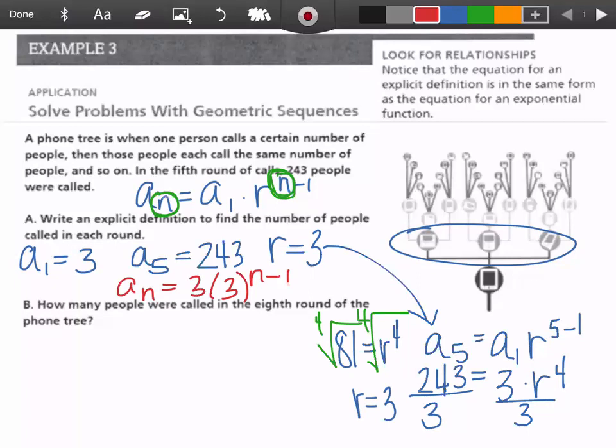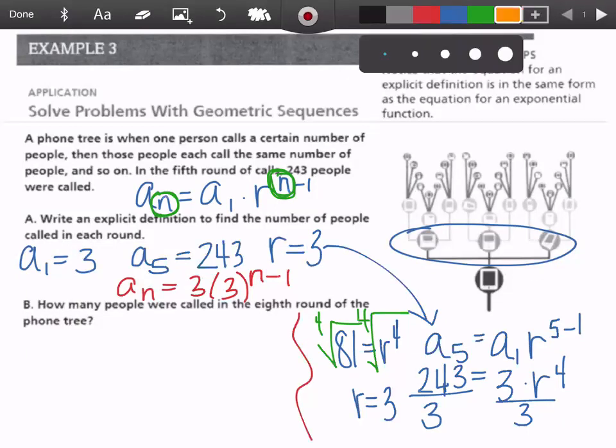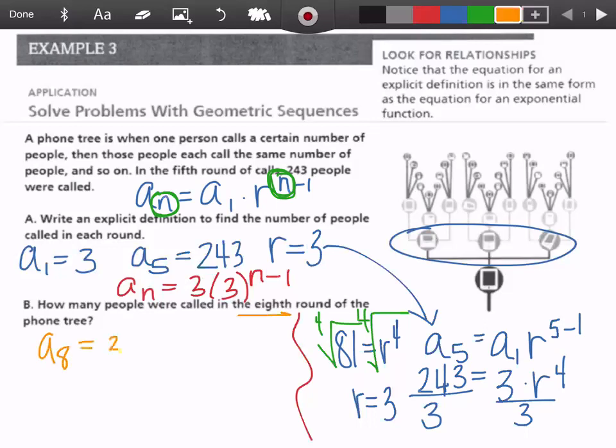Knowing that, that's going to help us get part B. It asks us how many people were called in the 8th round of the phone tree. So we're looking for the 8th term. So a sub 8 is equal to 3 times 3 raised to the 8th power minus 1. So that's really 3 times 3 to the 7th.